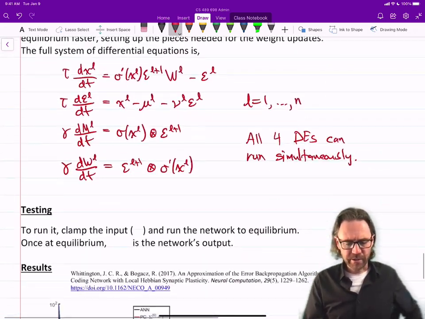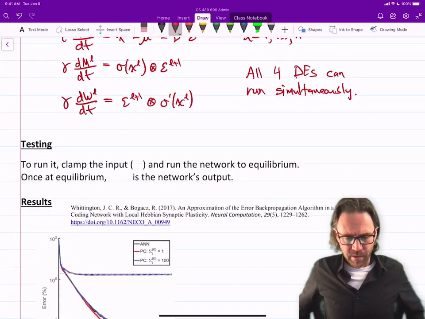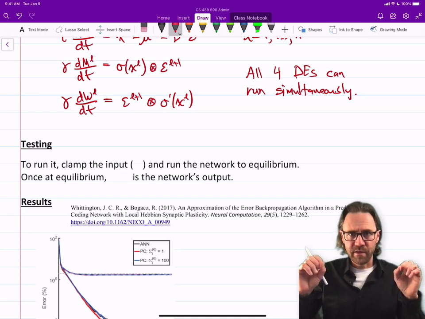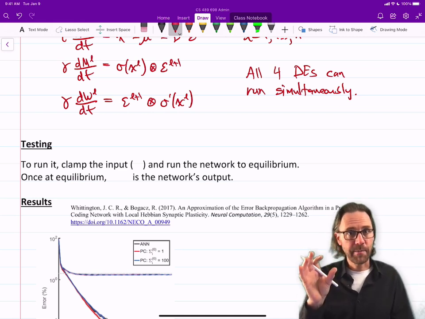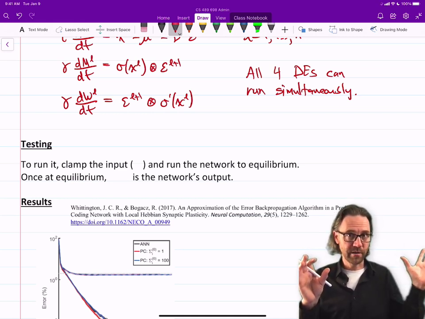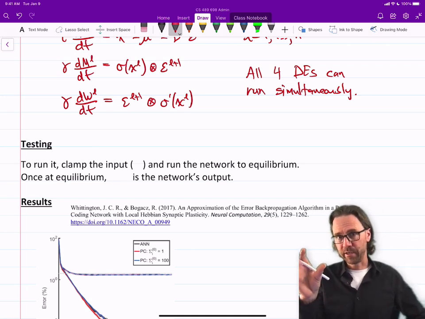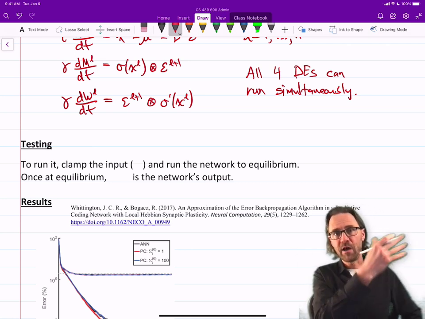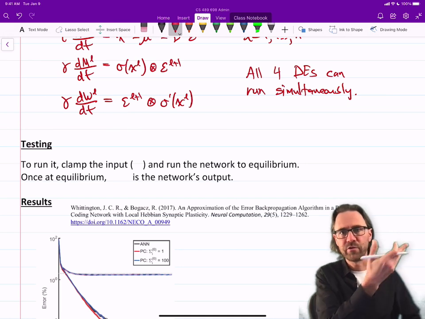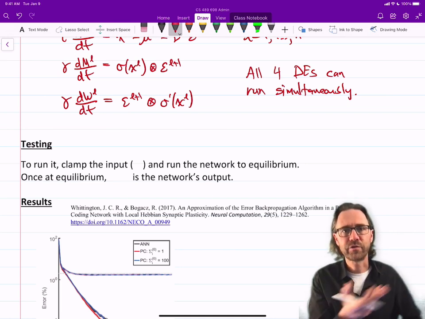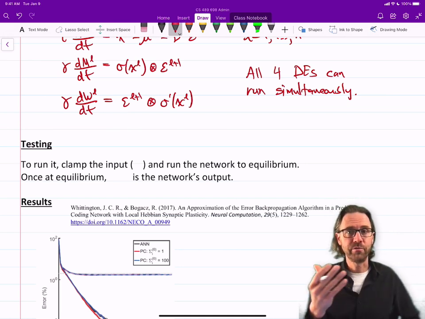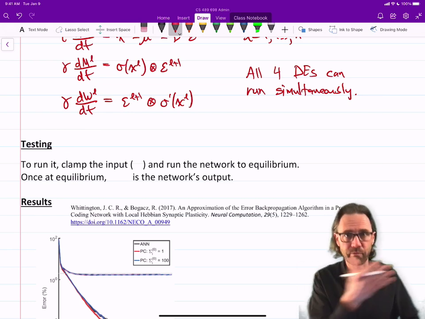So after you've trained it, if you want to test it, you clamp the X, but you don't clamp the Y. You don't set the top layer, you just fix the input layer and you run to equilibrium, and the output is going to converge to whatever it converges to. If you've trained it properly, it will converge to the output that you wanted, just like running a feed-forward network.